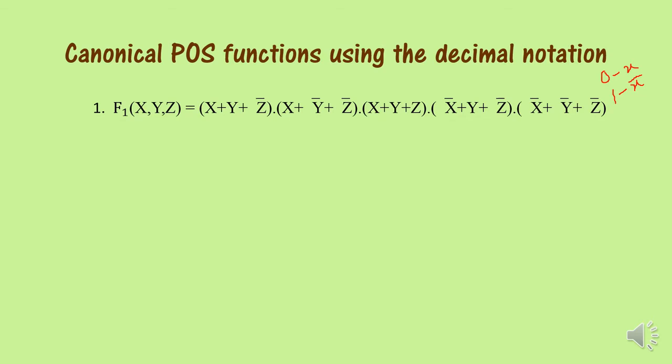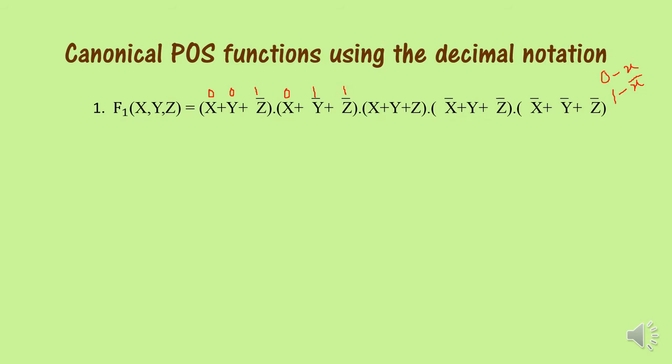So, how can this expression be represented? The first expression is x plus y plus z bar. x is a single variable, so it is represented by 0. y is also a single variable, so it is also represented by 0. z is a complemented variable, so it is represented by 1. Next expression x plus y bar plus z bar: x is 0, y bar is 1, z bar is 1.